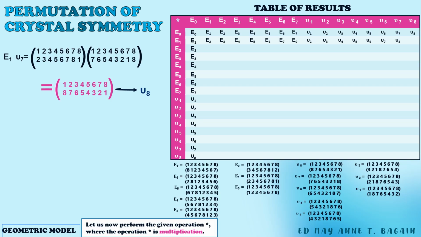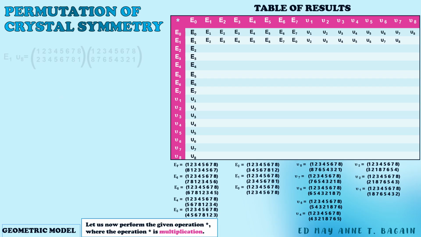Let's check the last one. We have epsilon sub 1 and epsilon sub 8. As we can see here in the original, let's check what the new number 1 is. We can see that it's 8. So the new one is still 1. Right? The new one is still 1.